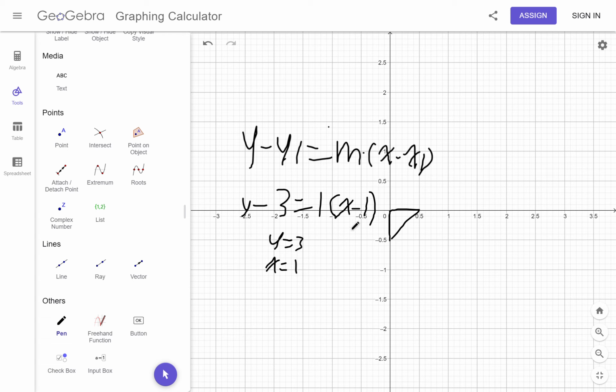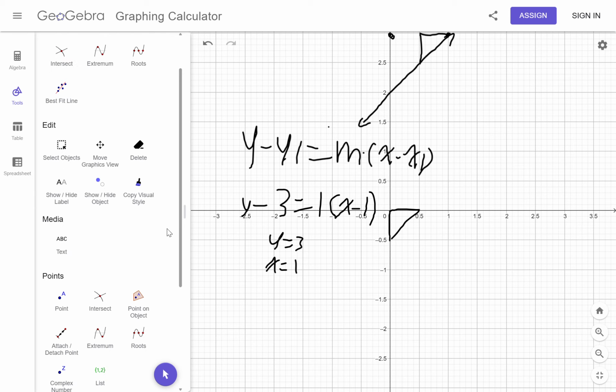So y 3 would be all the way here. x 1 would be here. So we know that the point is over here. And we know that the slope is 1, which is rise 1, run 1, so it looks like this. So that's how we draw a line in point slope form.